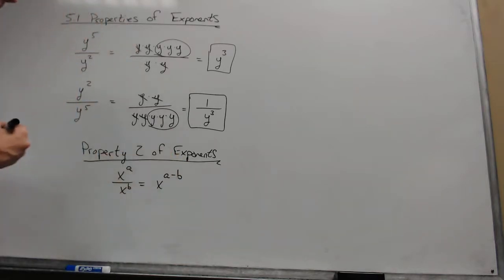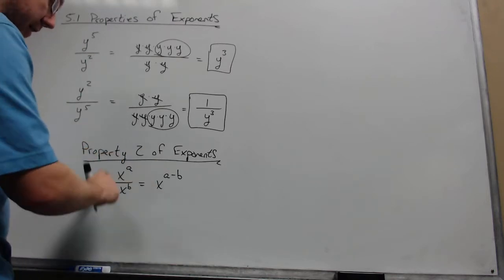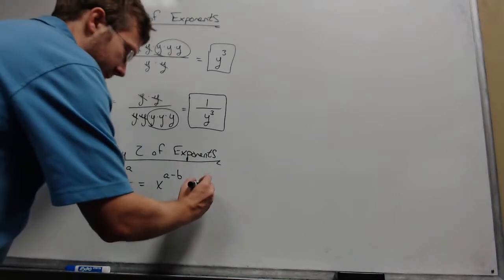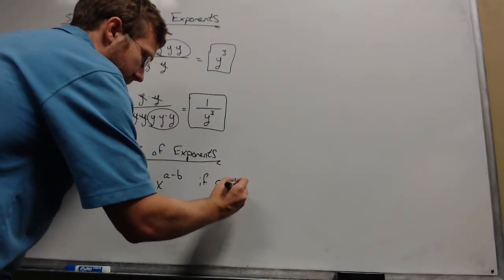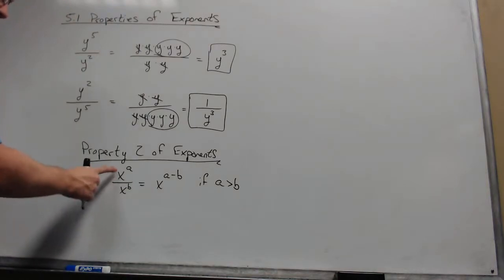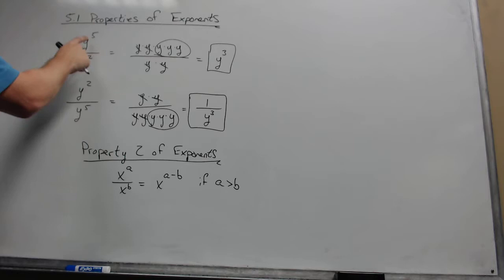All right, that's going to be our general form, and it will always work, but it can provide negative exponents. So I'm going to say this is going to be our route to take if a is bigger than b. So if the numerator has a higher power than the denominator, like up here, then we just subtract them. 5 minus 2 is 3, and our answer is y to the third.